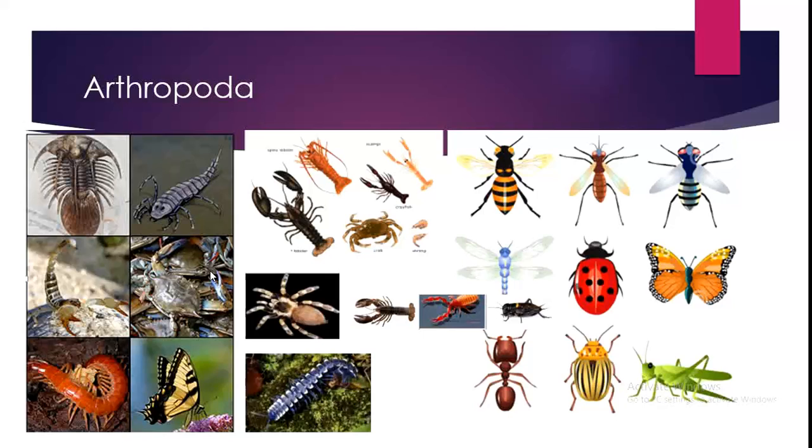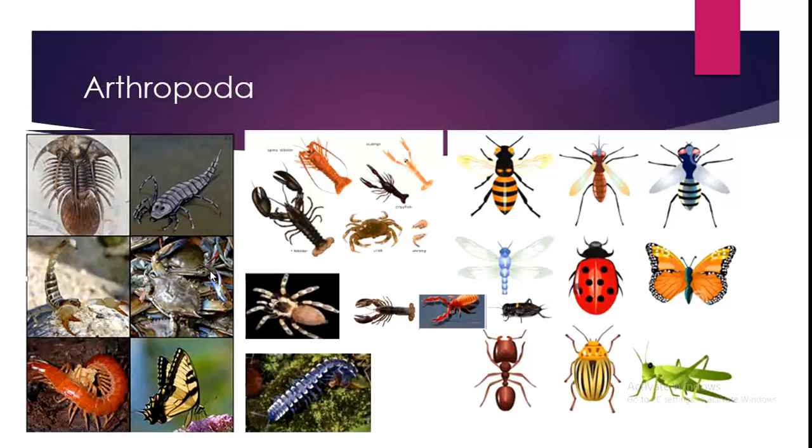If we consider their habitats, they live in terrestrial, freshwater, and marine environments. These are also triploblastic animals and they show bilateral symmetry.